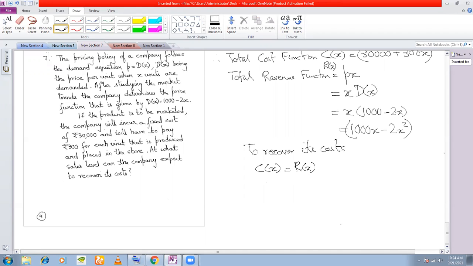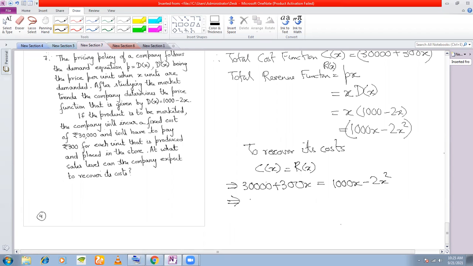Okay, so now you put the values here. C(x) we have found above to be 30,000 plus 300x is equal to total revenue function, which is 1000x minus 2x square. Okay, and we will need to solve this quadratic to get the value of x at which the total cost is recovered.